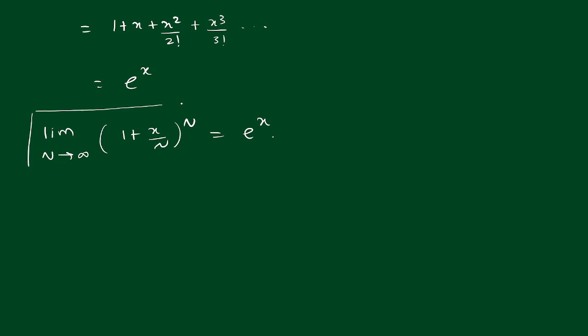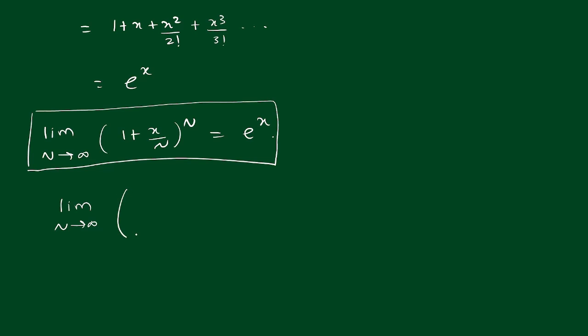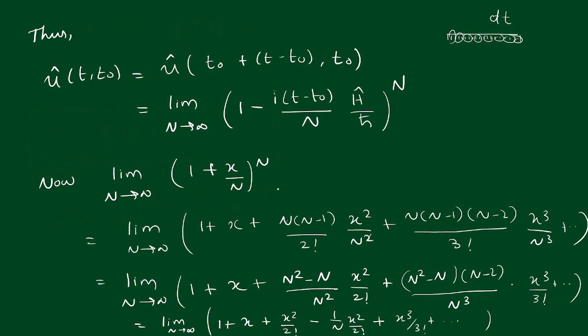Okay. Right. So we use this formula here. What we needed was limit n tends to infinity, okay, 1 minus i t minus t0 divided by n. What was our expression there?